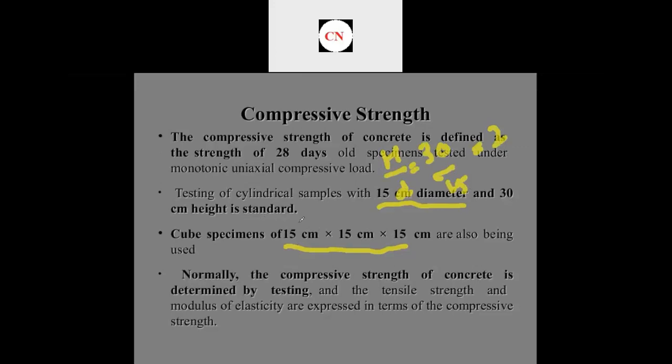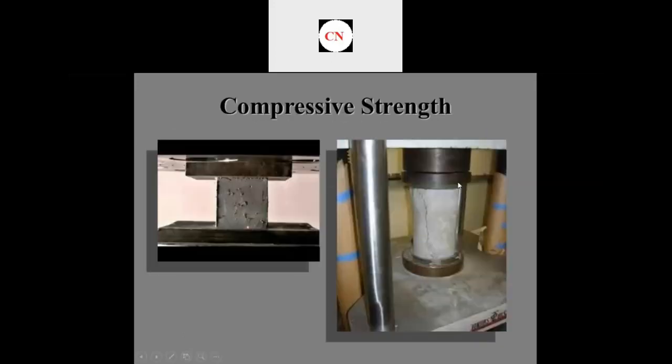Whereas the cube specimens of 15 by 15 by 15 centimeters are cast. Both samples are cured inside water for about 28 days before testing. These photo plates describe the testing of the cube specimen as well as the cylindrical specimen under the CTM.